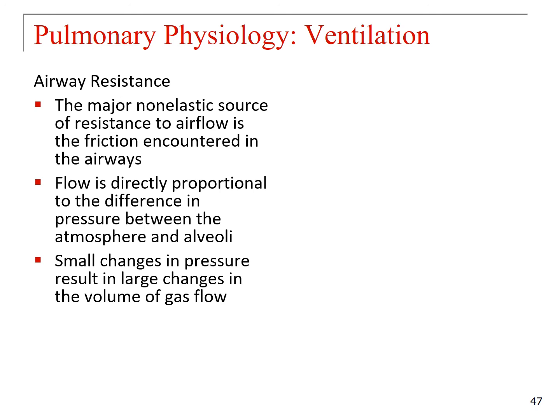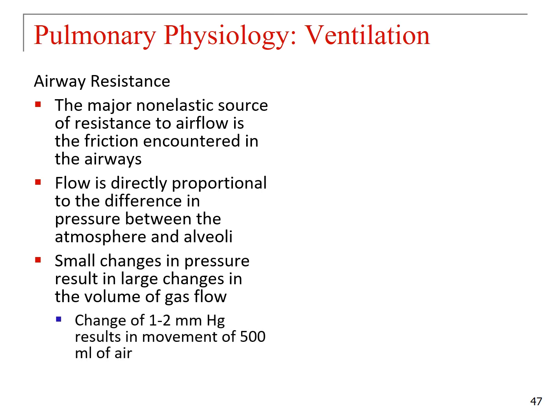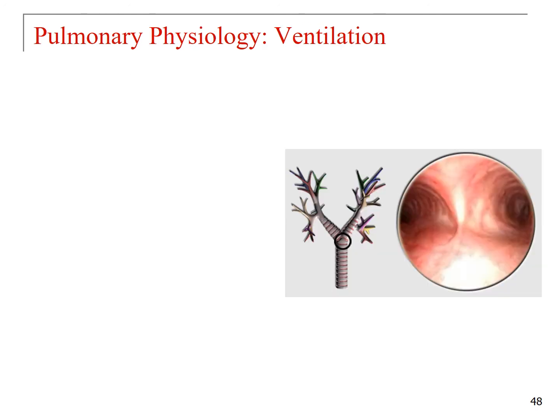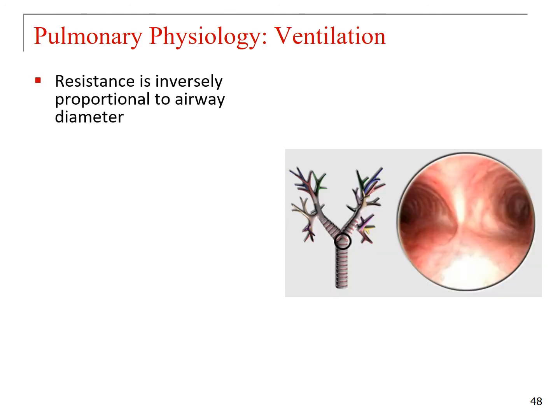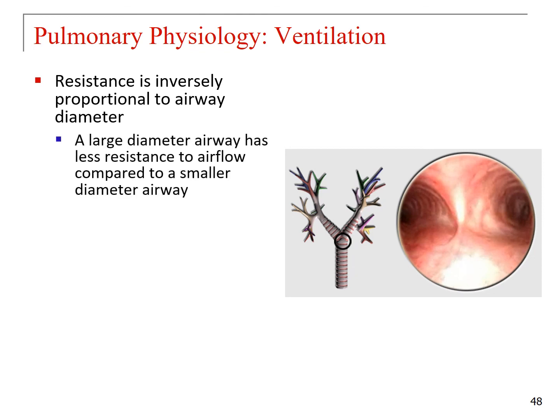Now, very small changes in pressure, as we saw, 1 or 2 millibars, result in large changes of the volume of gas flow. So 1 to 2 millibars results in the movement of 500 mils of air. Now, what this means is that because resistance is inversely proportional to airway diameter, a large diameter airway has less resistance to airflow than a small diameter airway.